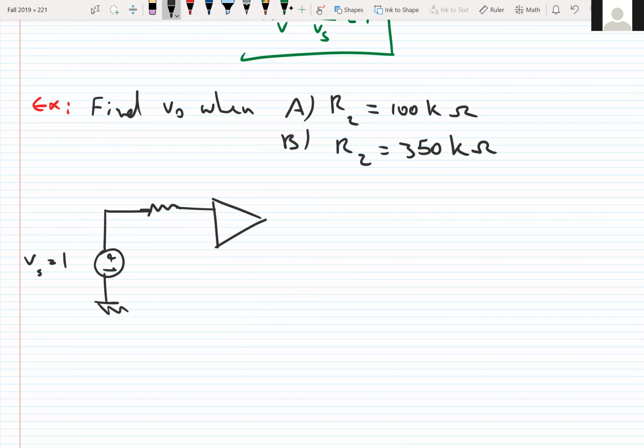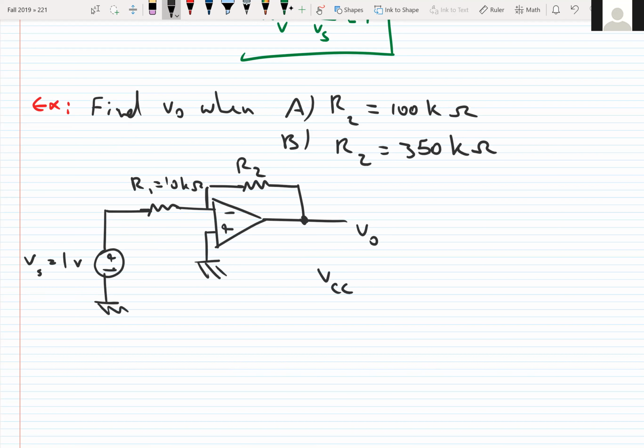Vs is equal to 1 volt. R1 is equal to 10 kilo ohm. Minus, plus is connected to the ground. Here we have Vo, and here we have R2.